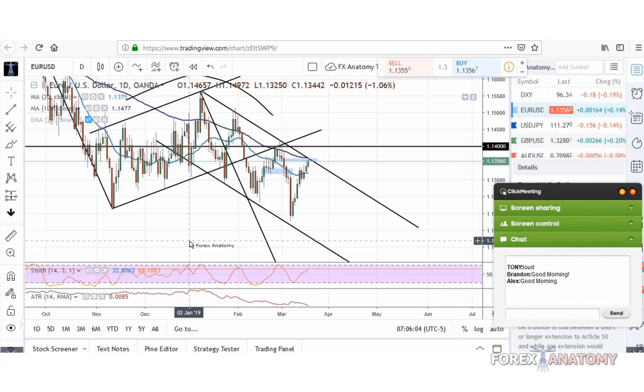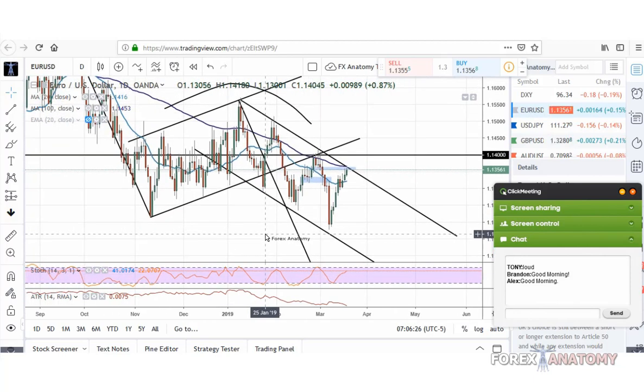But with that said, right now what we're going to do is talk about the Fiber, or the Euro USD, and we're currently looking at the daily chart. And as you guys can see, last week we saw a nice correction. For the most part, price was pretty much bullish for the week, even though our long-term bias is still bearish.